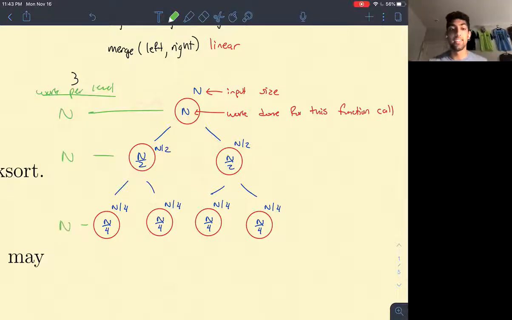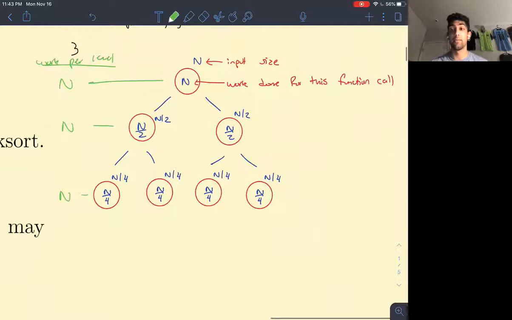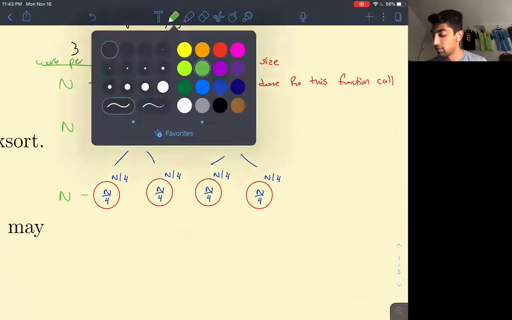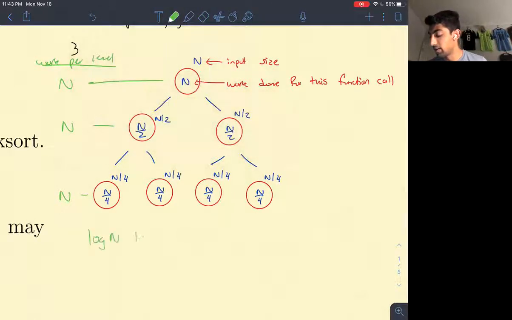So in merge sort, we always have n work per level. And traditionally in merge sort, we have a total of log n levels, each doing n work, which gives us a runtime of n log n.